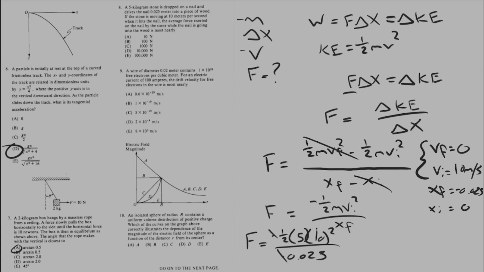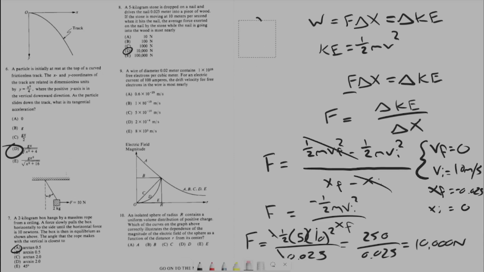So the minuses cancel, and that becomes 250 over 0.025, which is 10,000 newtons, which is not answer E. Answer D.